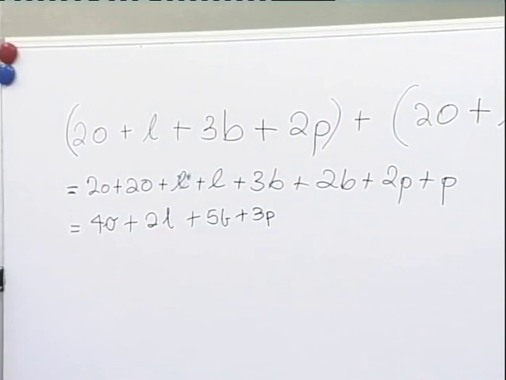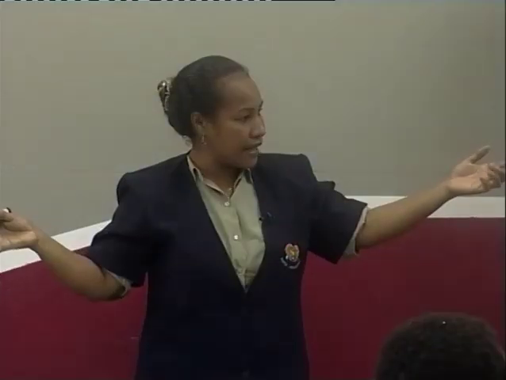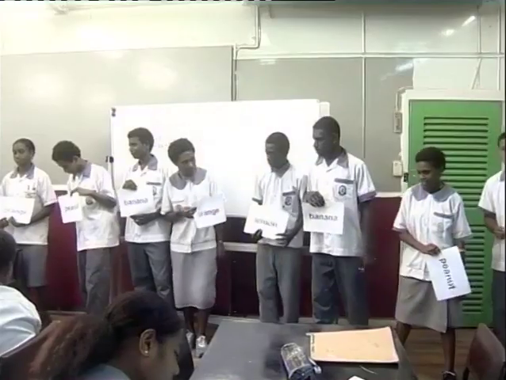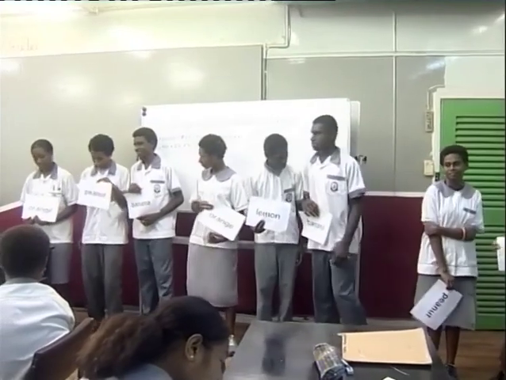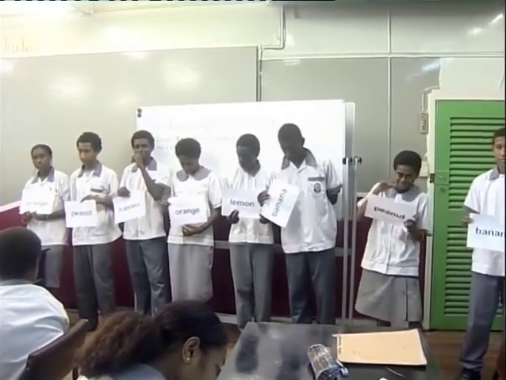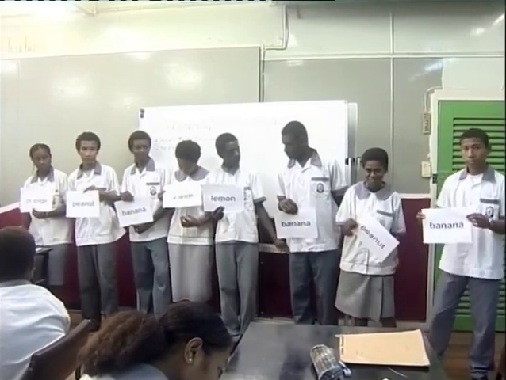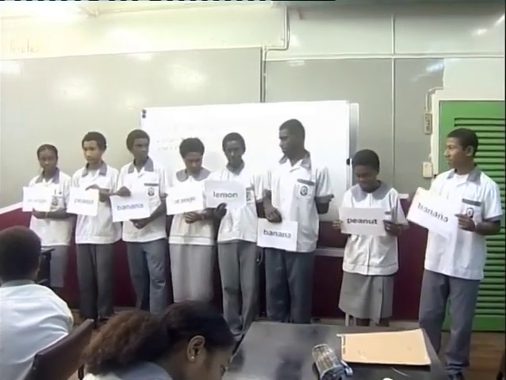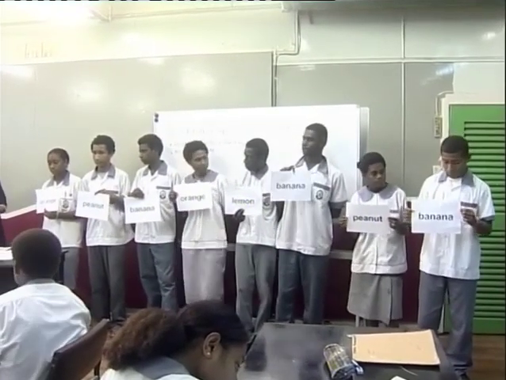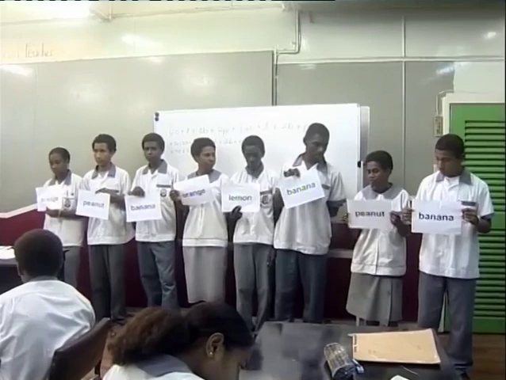Let's check to see if they are correct. Can I have that group number 1 to come back and stand here? Please, quickly. Right, good. So receiving students, I hope you have the answer same as the model class. Here you can now see how many peanuts are there, how many oranges, how many lemons, how many bananas.